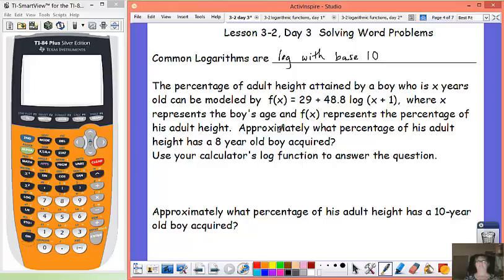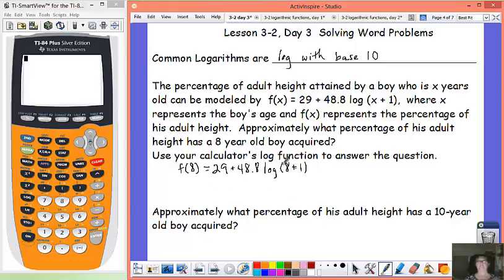The question we have: approximately what percentage of his adult height has an 8-year-old boy acquired? Well, that means that we really want to know about this function when x is 8. So we're going to replace x with 8, and according to the rule, it will be 29 plus 48.8 log of 8 plus 1, or 9.